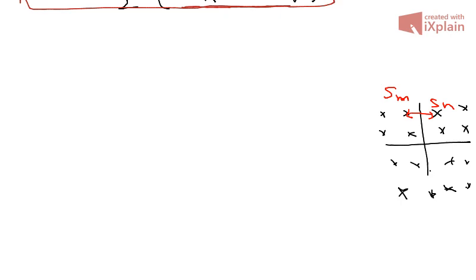Why are we interested in finding out the distance? I mentioned earlier that this distance actually governs the symbol error rate, or the bit error rate. So we are always interested in finding out the distance, and don't forget this Pythagoras theorem.